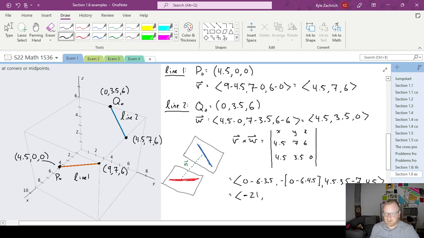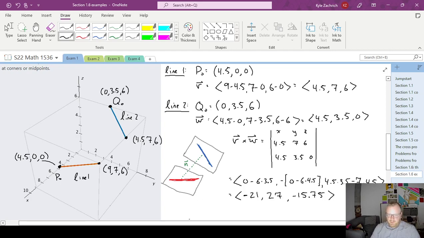This is negative 27, but it's negative that, so positive 27. And then this one, I'm going to cheat and use the calculator here, negative 15.75. Okay. So there is my normal vector between these two lines.